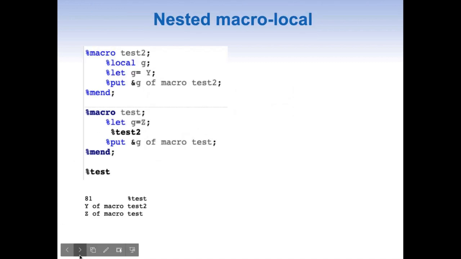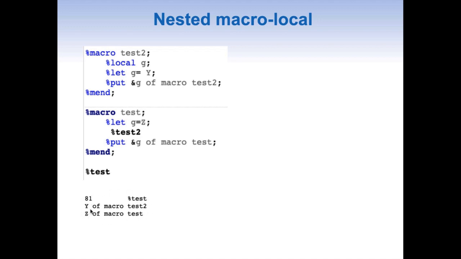So how do we avoid this? It's the same way. We are going to do a percent global, and then mention the macro variable here, and then once we nest it, it will stay local to test2 only. It doesn't overwrite, and once we execute this percent test, in the log you can see the result.